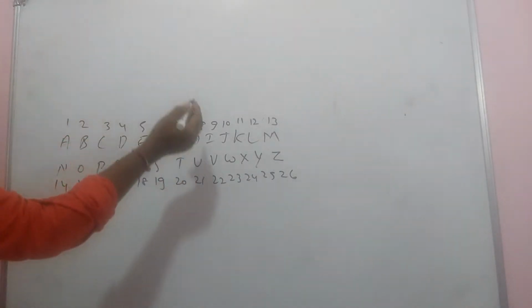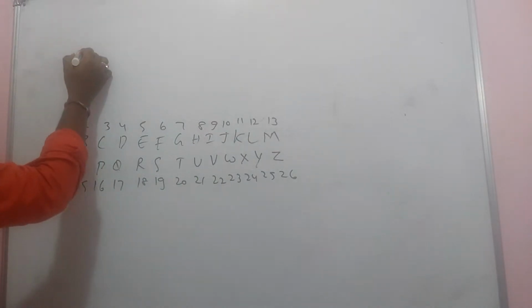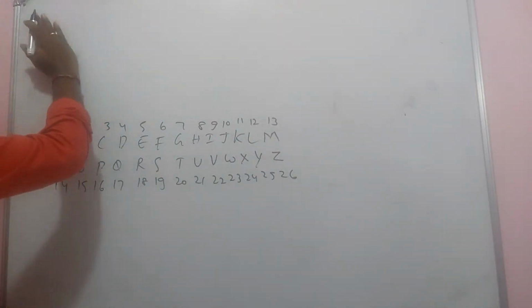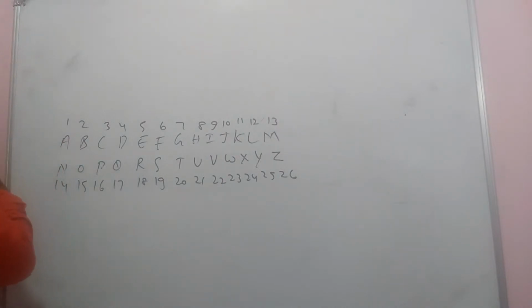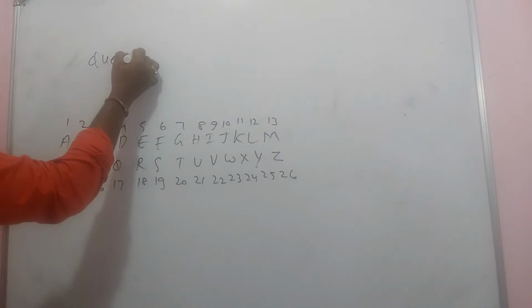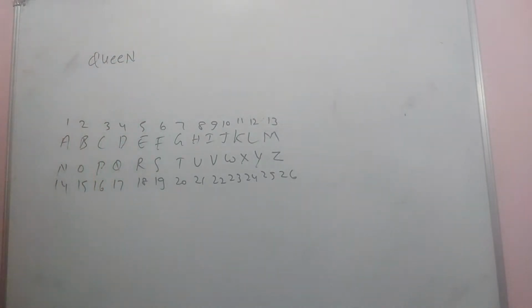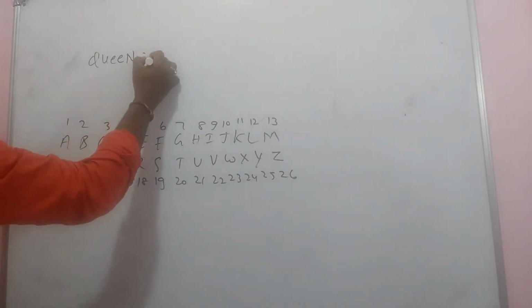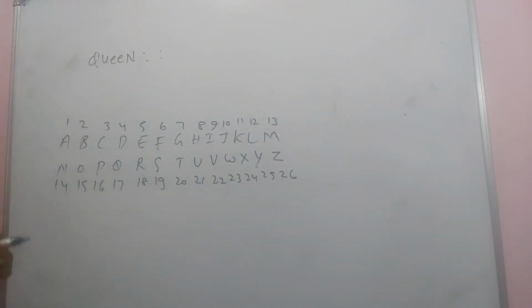Suppose you tell me any name. Let us take Queen. Queen is coded as, suppose you have like this. Just look at here.